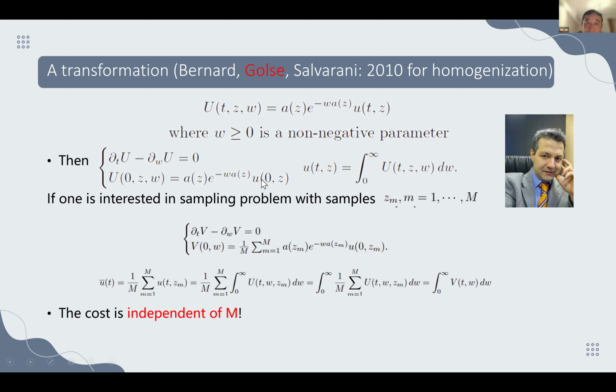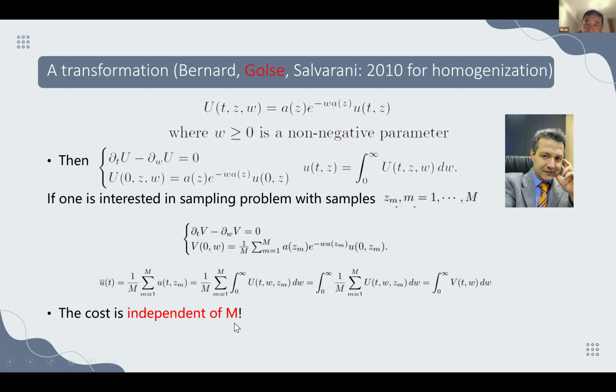Now, if I want to do Monte Carlo for this PDE and get the ensemble average, I just have to take the ensemble average of the initial data, because the PDE no longer has any coefficient that depends on Z. I solve this PDE only once, starting with the ensemble average over Z, and I get the ensemble average of the solution u, because the PDE is linear and the equation does not depend on Z. So I can do a Monte Carlo simulation by solving this PDE only once.